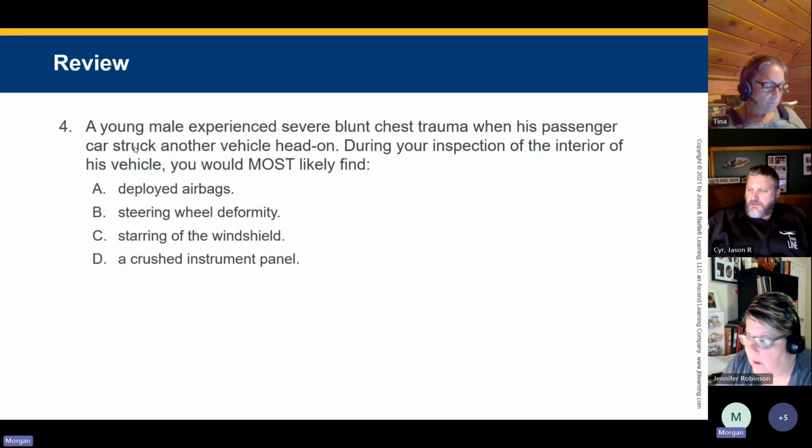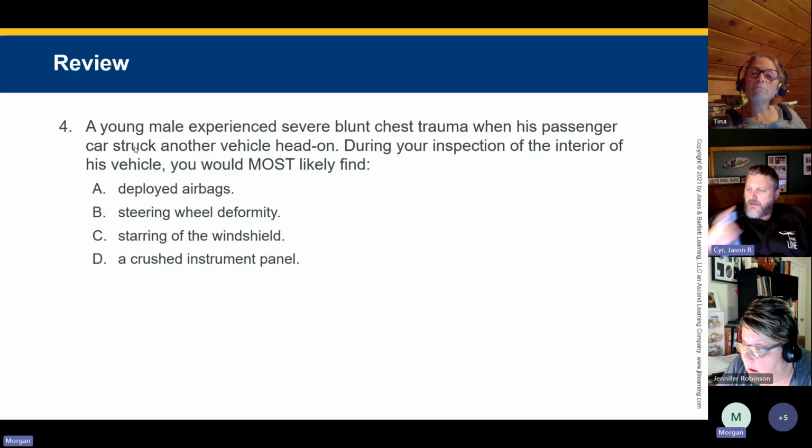A young male experienced a severe blunt trauma when his passenger car struck another vehicle head-on. During your inspection of the interior of his vehicle, you most likely find A, deployed airbags, B, steering wheel deformities, C, starring of the windshield, D, a crushed instrument panel. Young male, I think that's the key. B. I read that wrong.